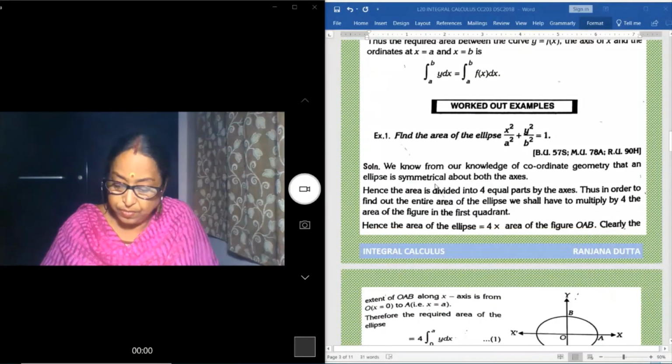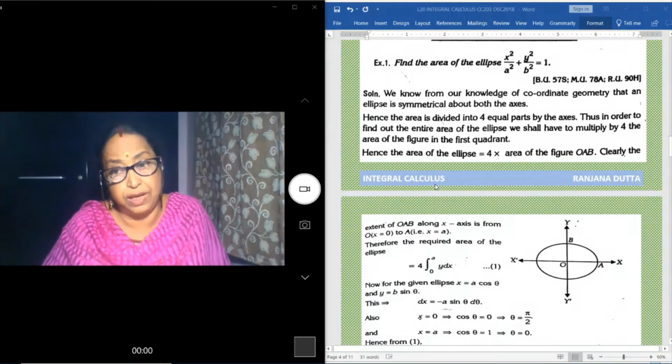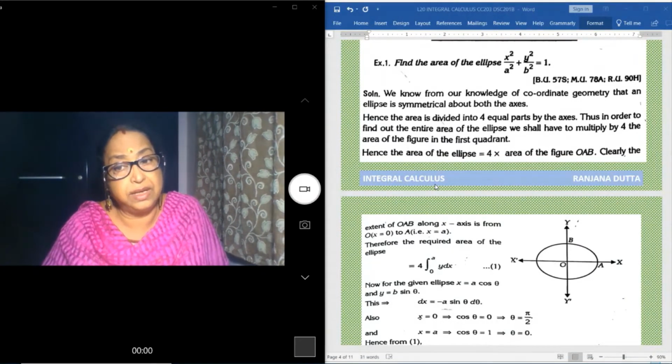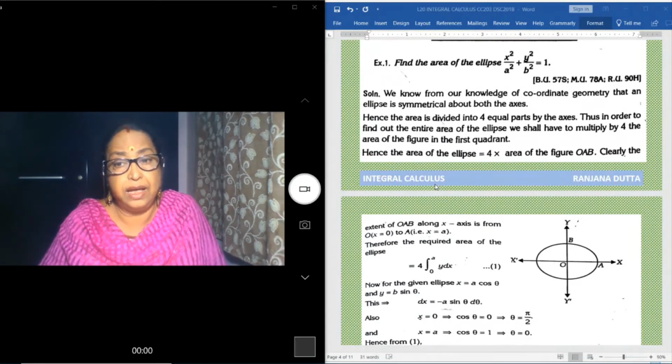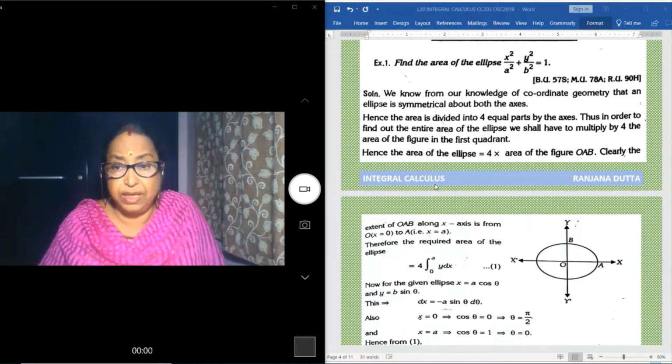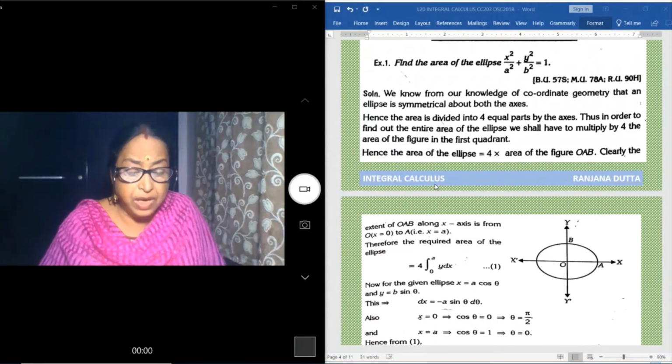Here x square by a square plus y square by b square is equal to 1. We know this is the equation of an ellipse, and a is the major axis and b is the minor axis here.